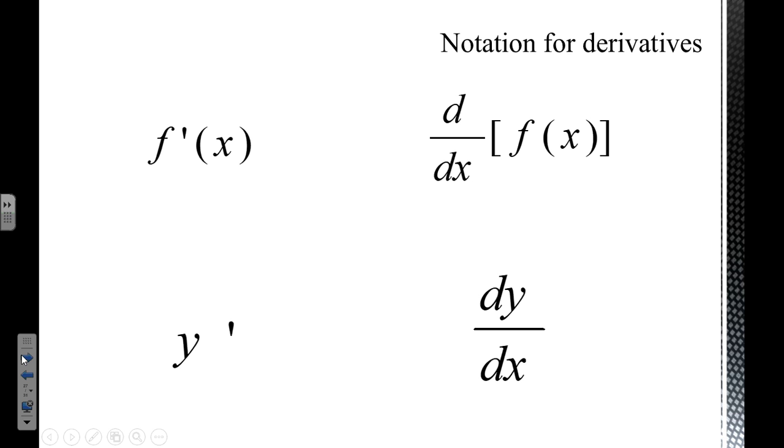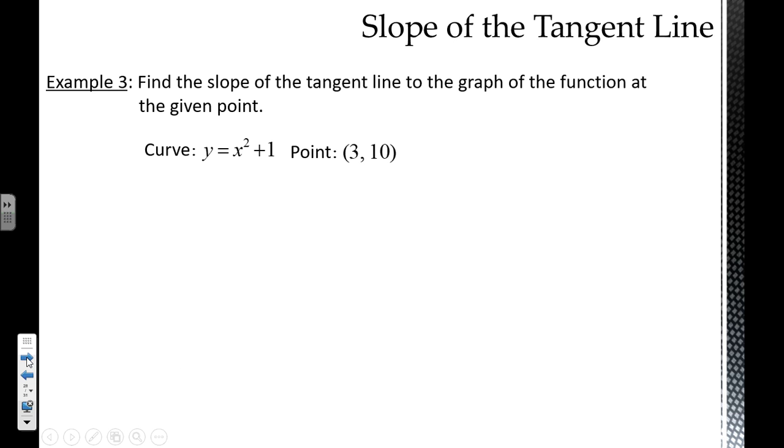All right, so we're going to do one more example, and then I'll give you your gold sheet so you know the schedule for Unit 2. Okay, please write down y equals x squared plus 1, and please write down the coordinate (3, 10).